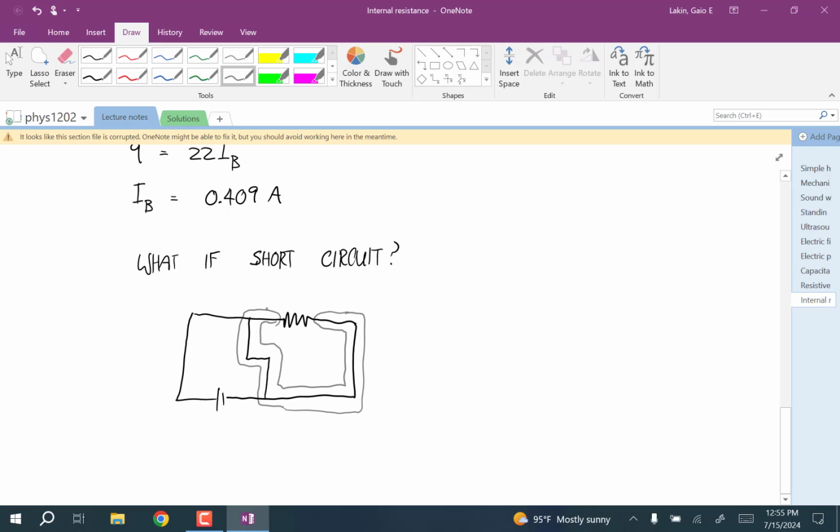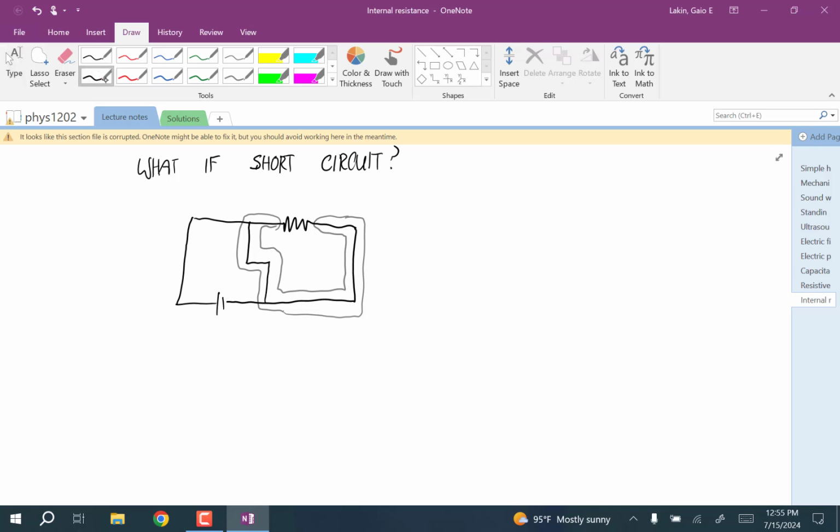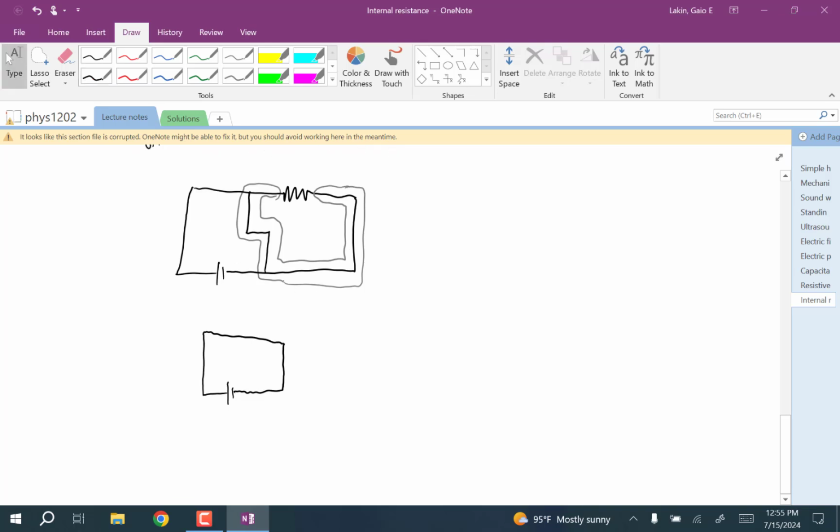And so there's no voltage across the resistor, which means there's no current. And so it's like that resistor isn't even there. And so what happens now is, if we have this battery and then no resistors, what's the current that this battery produces?